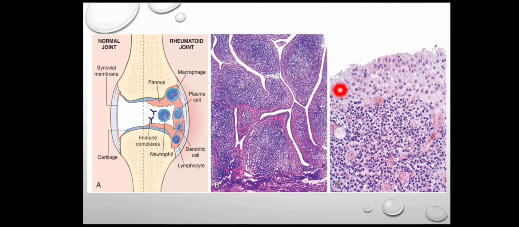This is a closer view of this frond. These are the synovial cells. Basically synovial cells are 3 to 4 cells in thickness, but here the thickness is more than 3 to 4 cells. So synovial cell hyperplasia, and in the stroma of the synovium there are dense lymphocytic aggregates.